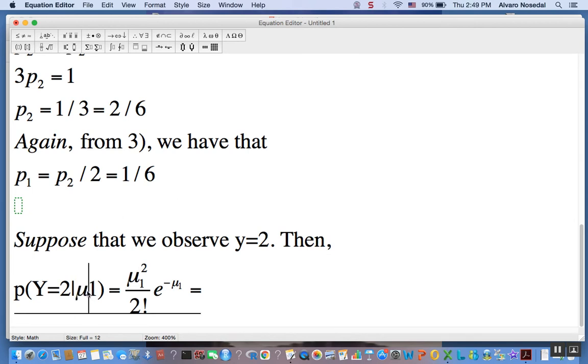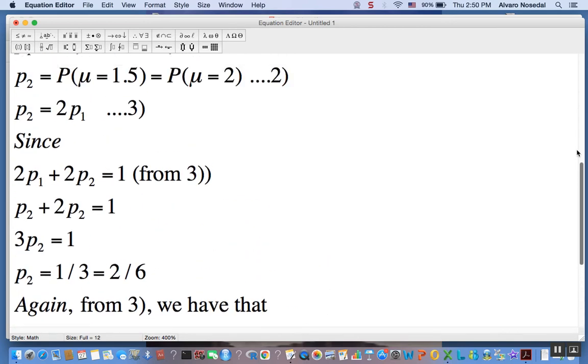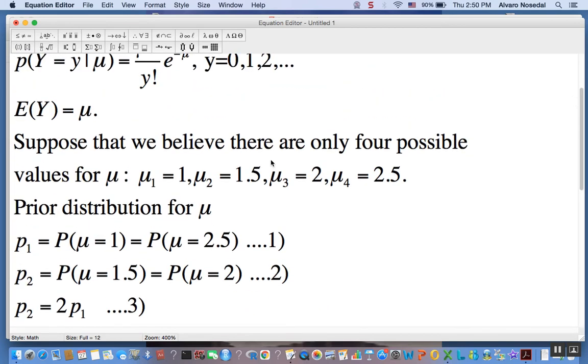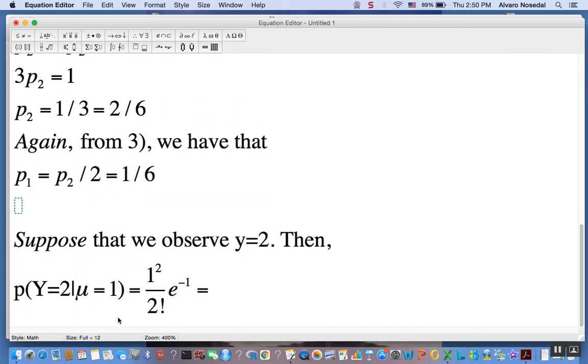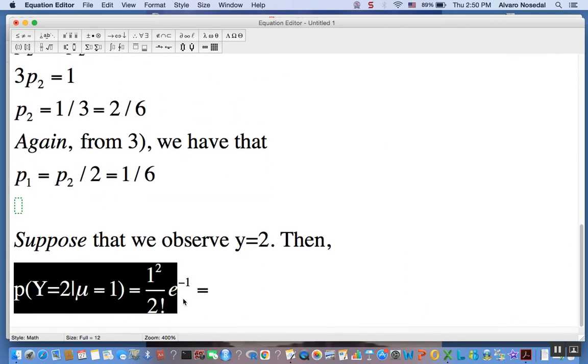Mu happens to be 1, right? So 1, 1. Make sense? Then we're going to be doing the same for mu2, the other possible value for the mean, right? Which is 1.5, and then 2 and 2.5. So let me just modify that.